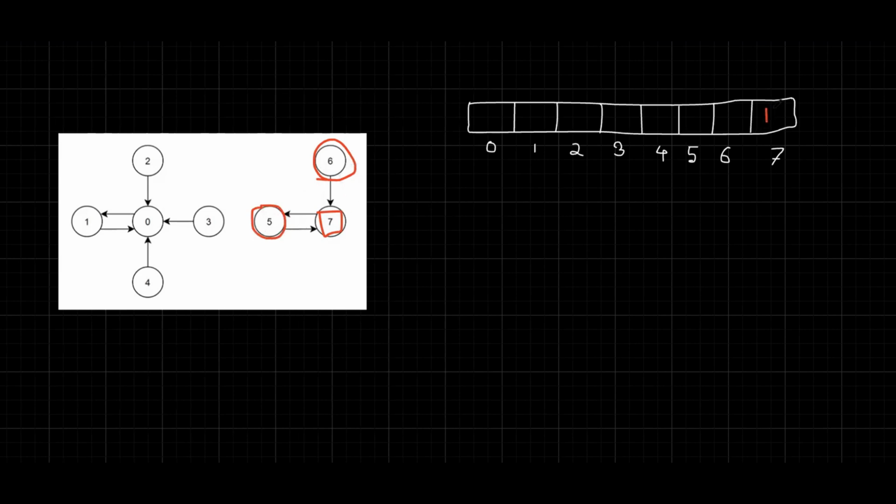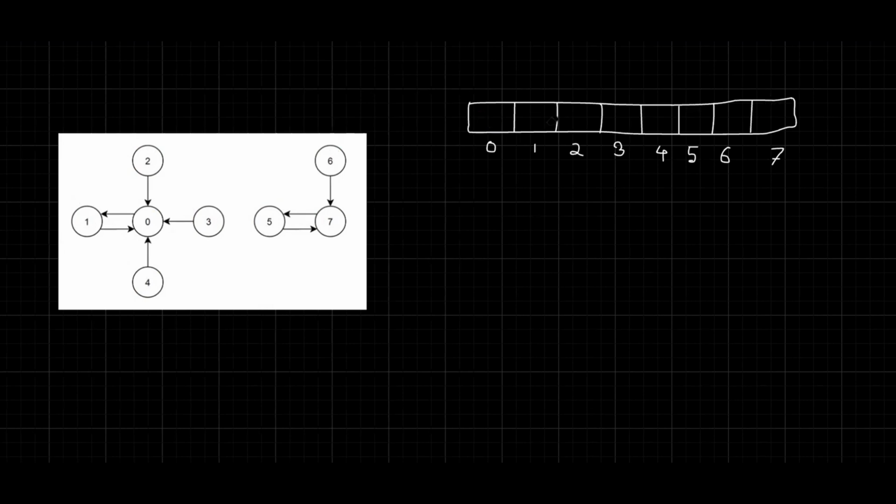Their summation will be 11, so we store 11 in a separate vector. Now, suppose for node 0, there are a total of 4 nodes pointing to it, 1, 2, 3, 4. So we store 10 at node 0. This is the basic intuition.